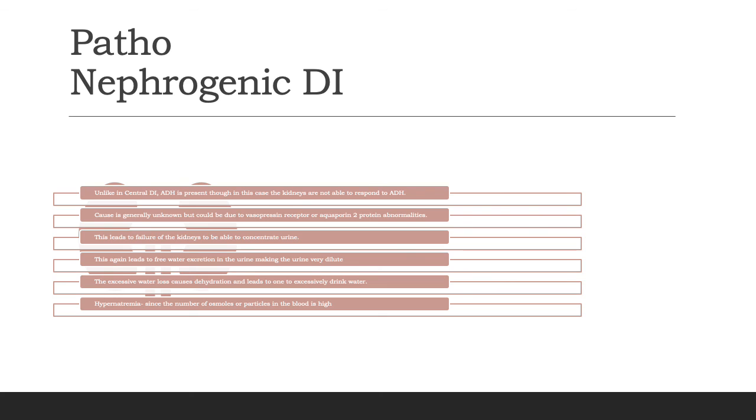This leads to the kidneys not being able to properly concentrate urine, and because of that, once again, the urine becomes very diluted with water, and you're losing a lot of that water.